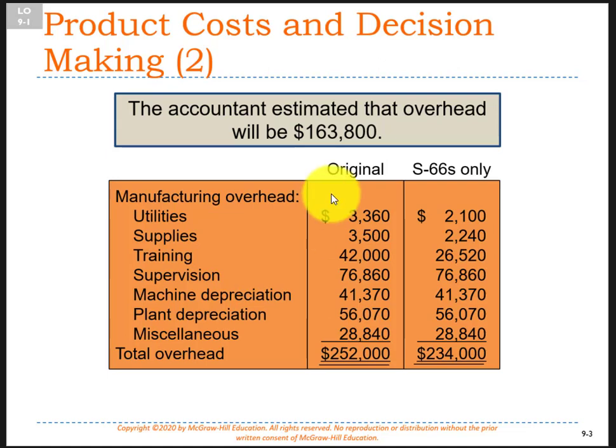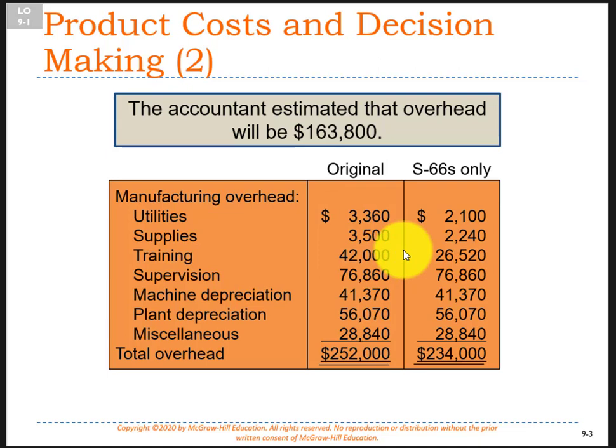You see that in this little scenario, when we actually start breaking it down into pieces, we realize that we're not going to save that much on certain costs. For instance, supervision isn't going to change if we get rid of the S72s. The machine depreciation isn't going to disappear. The plant depreciation, some of this miscellaneous cost, only these first three are actually going to drop.